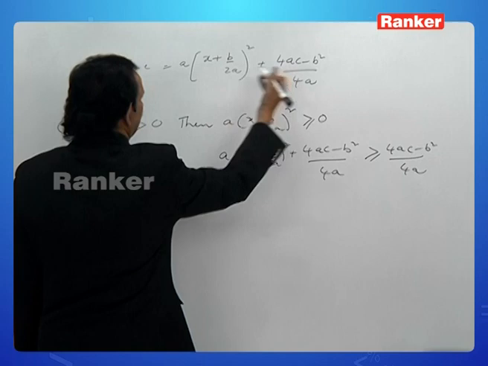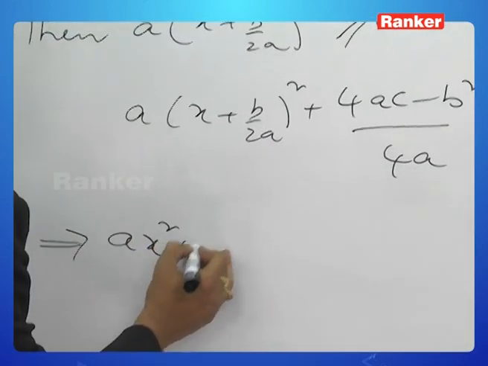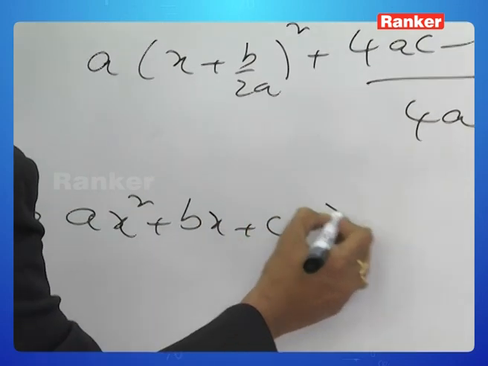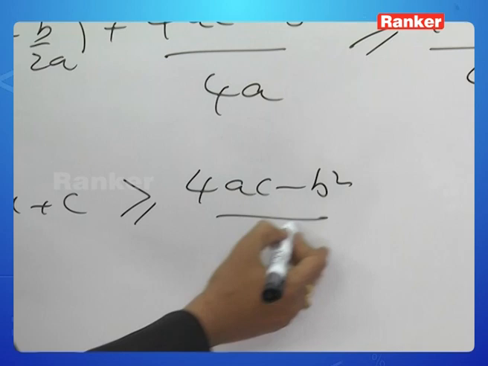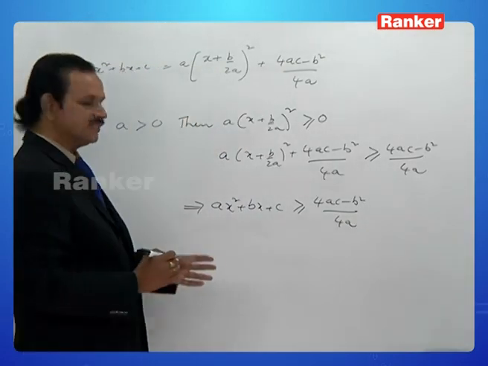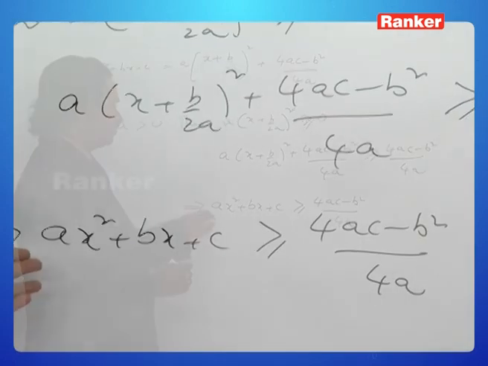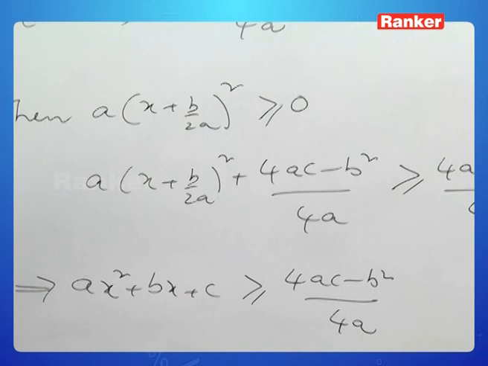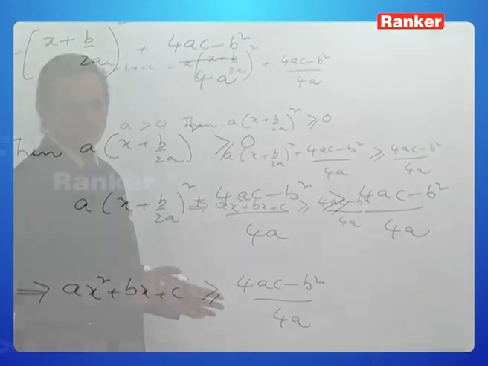This is of course nothing but ax square plus bx plus c is greater than or equal to (4ac minus b square) by 4a. In this particular case, that is when a is positive, the value of the expression ax square plus bx plus c is always greater than or equal to (4ac minus b square) by 4a.